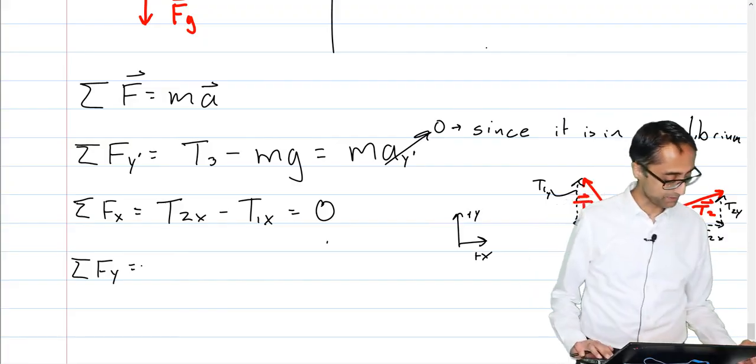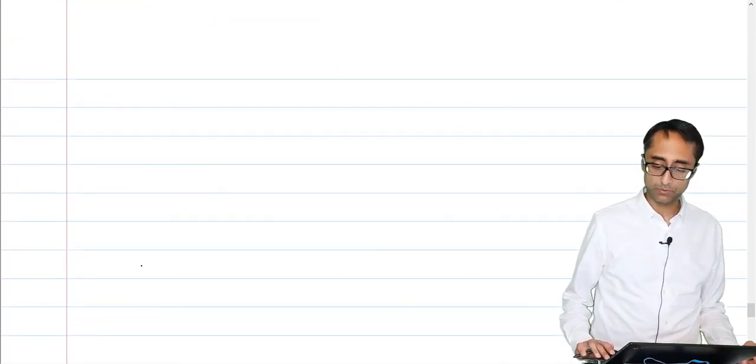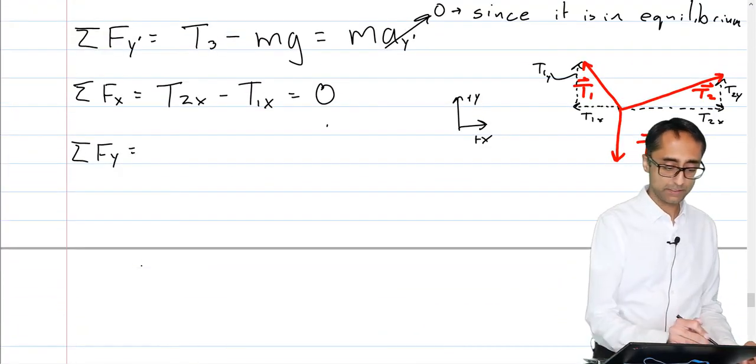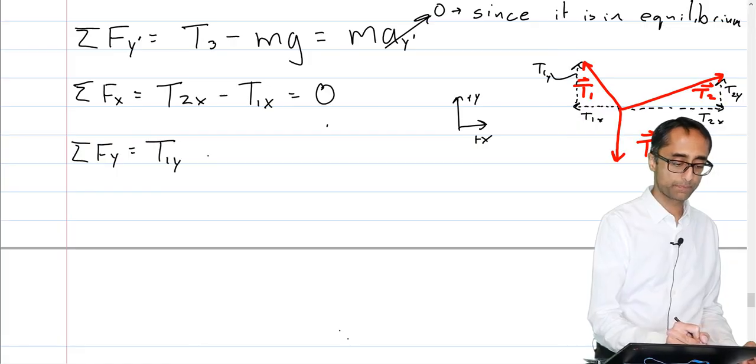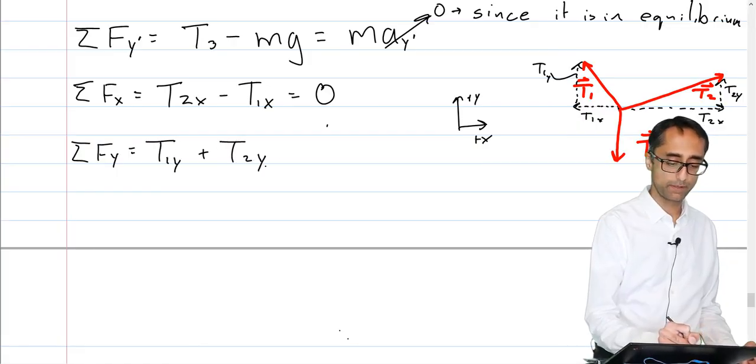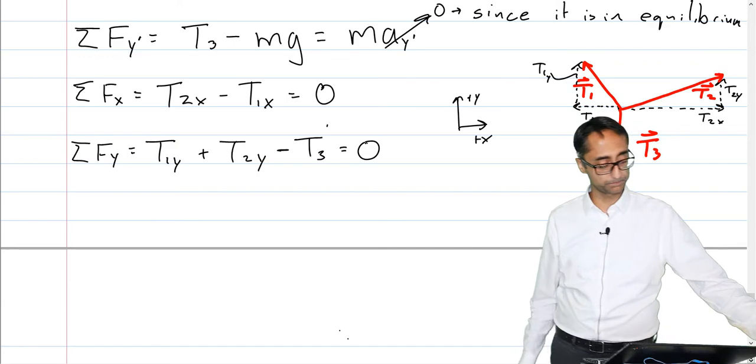And so this time, the sum of the forces is equal to the following: T1y up plus T2y up, and minus T3 down, and that is again equal to 0.